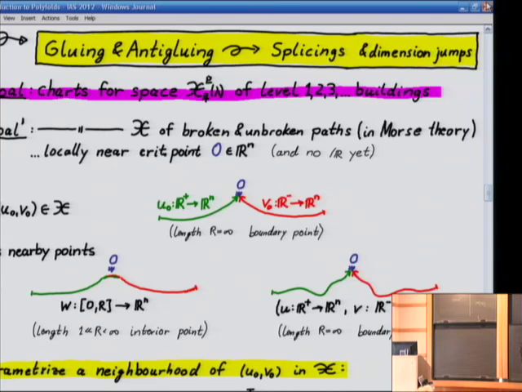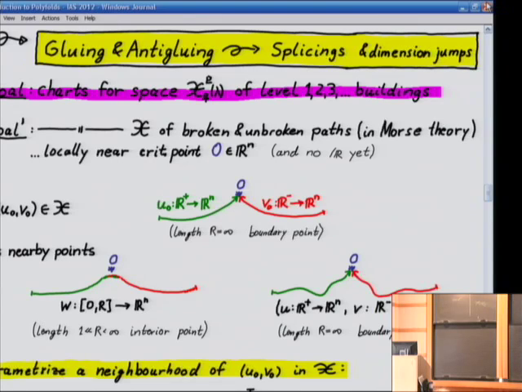So we would like to make charts for a space X that contains broken as well as unbroken paths in Rn. Because then my operator, my section, is going to be the gradient flow equation. So these will not be Morse trajectories. They will just be smooth maps or continuous maps into Rn.